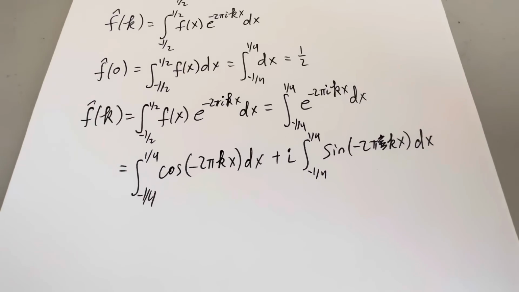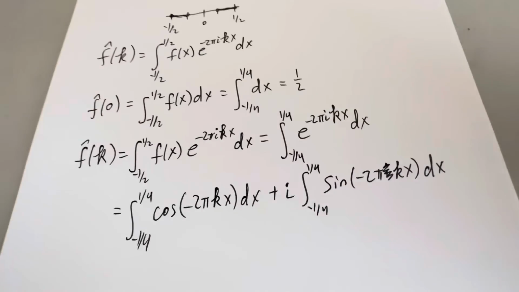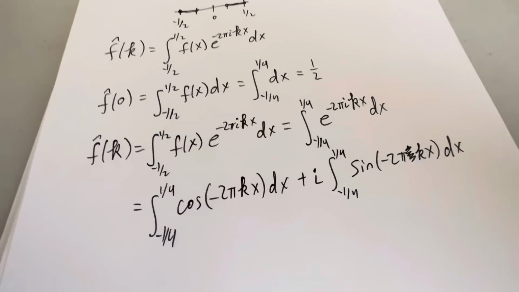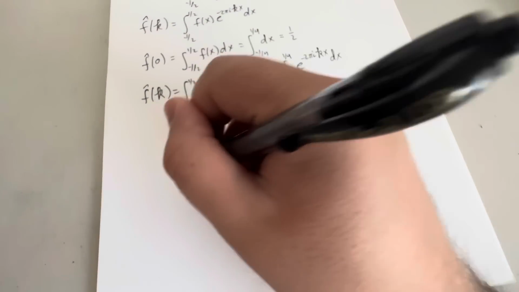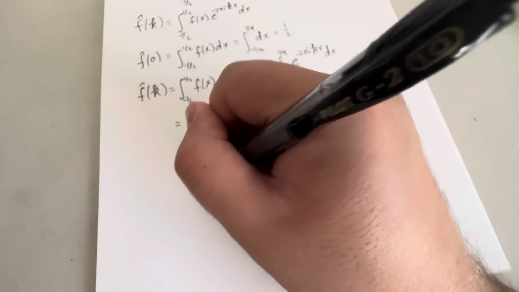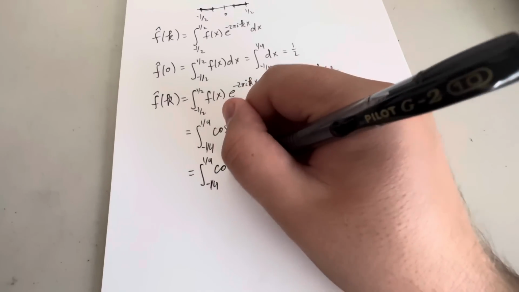And then I use some properties that I know about sine and cosine. So sine is an odd function, which means that I can pull the negative out and put it in front of the i. And I know that cosine is an even function, so I can just drop the negative altogether.